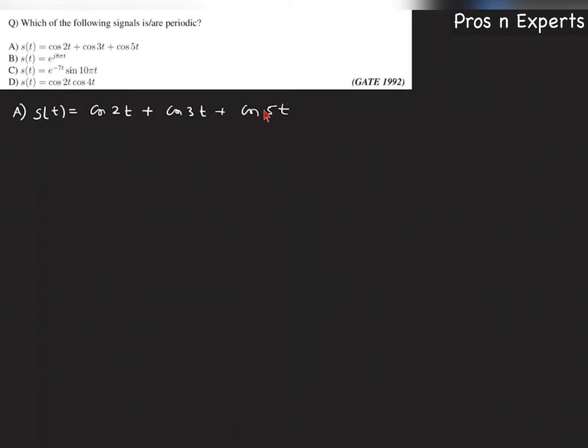A sum of a number of sinusoids will be periodic only if the ratio of their angular frequencies is a rational number. Rational number means it should not contain pi or surds, transcendentals, etc. So it should be a rational number.